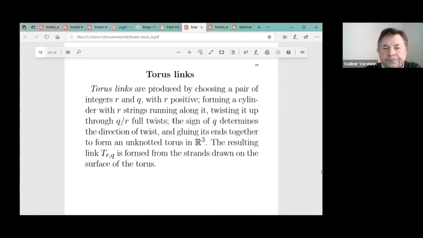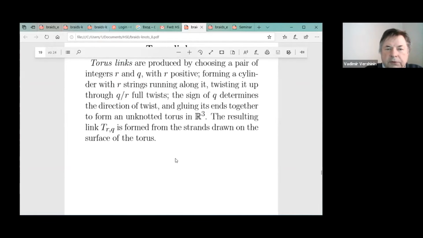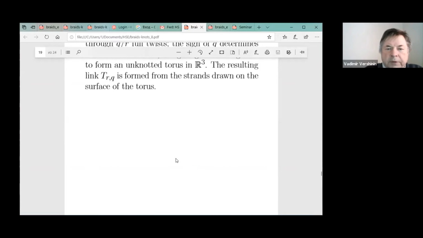The sign means that you are doing this in the positive direction or in the negative. You can just look at the cylinder and then make this twist, and then glue the ends. The resulting link is called T(r,q) and is formed like this.